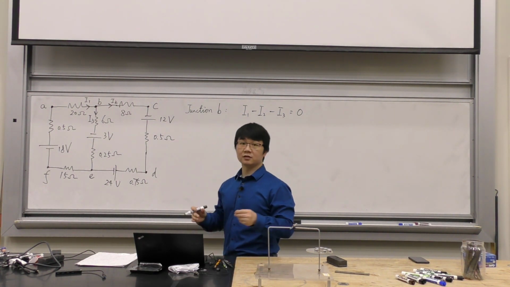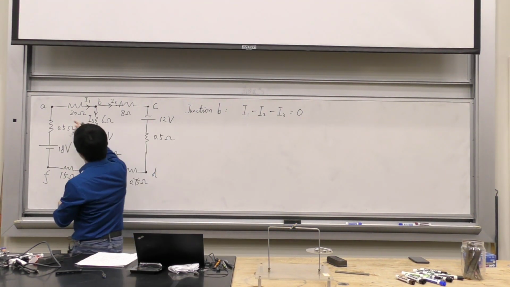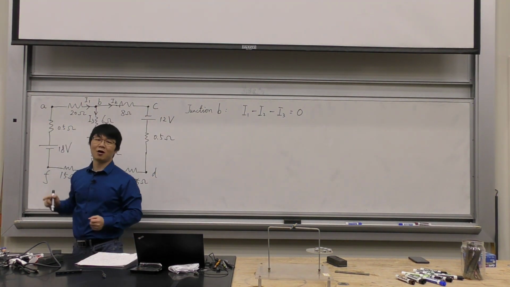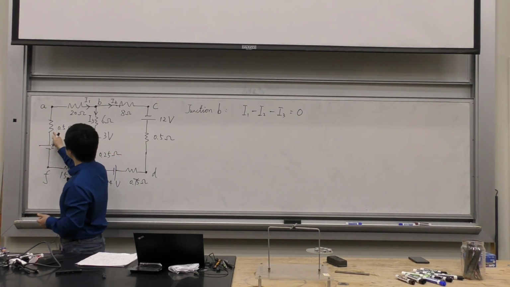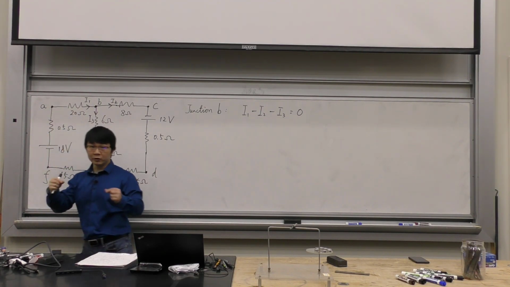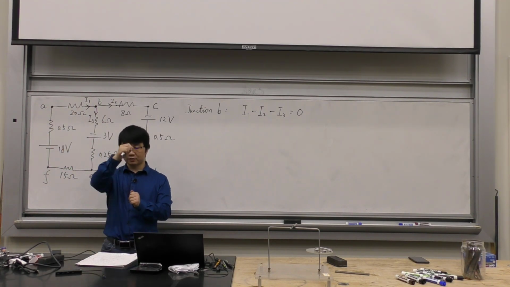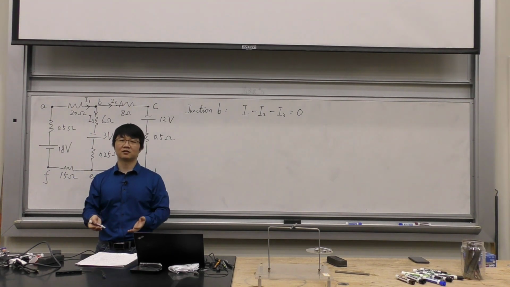So let's see if I can use another junction to set up a junction rule. Is A a junction? A is not a junction. It's a right angle we draw in this diagram, but this is only one path. If you connect these 2 resistors in real life, do you have to make a right angle with the wire? No, you don't. If you do that, people are going to laugh at you.